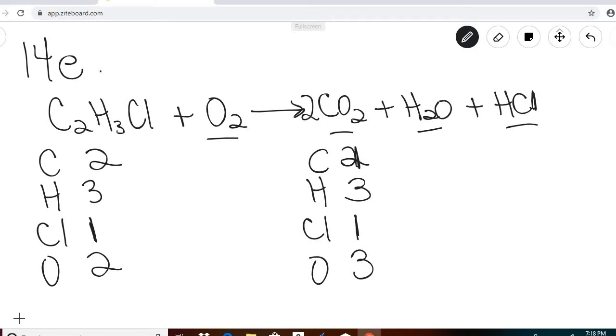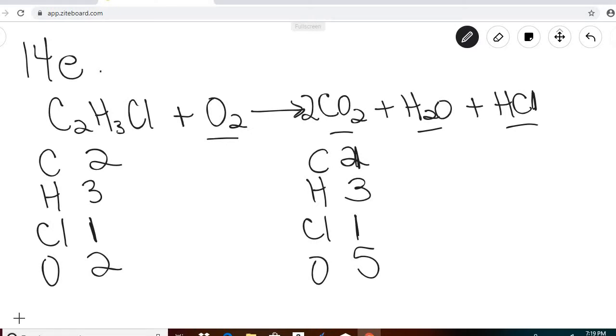So let's see, we have 4, actually we have 5, so now we have 5 oxygens on this side. Okay, so we have 5 oxygens over there.